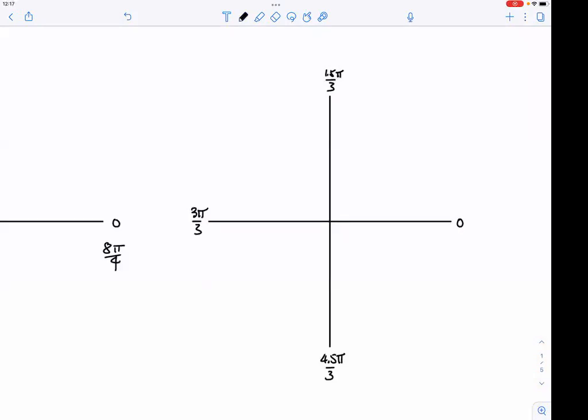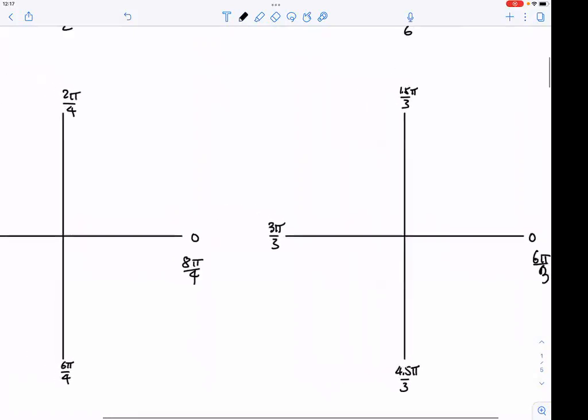Quadrant 3. Where is 2 pi over 3? Quadrant 2. Where is 5 pi over 3? Okay. Oh, I forgot to write down 6 pi over 3. Yeah, so 6 pi over 3 right here. So 5 pi over 3 is apparently in between 4.5 pi over 3 and 6 pi over 3.